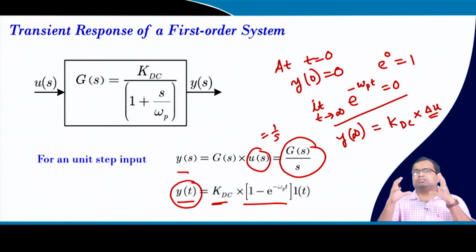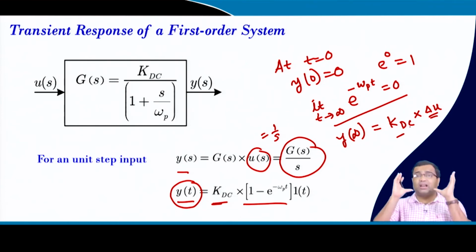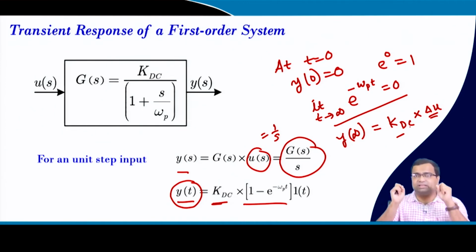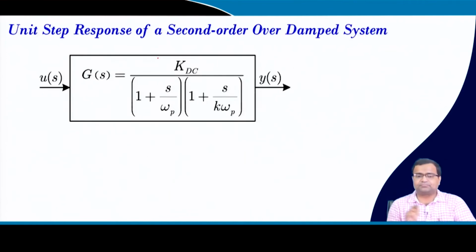In this case, the input step size was unity, so the output will be simply k dc into 1. That means if the DC gain is 1, then the output steady state value will be 1. If the DC gain is 2, the output steady state value will be 2, and if it is 0.5, it will be 0.5. So this is a scaling factor. This is the DC gain, and that is determined by this particular gain.